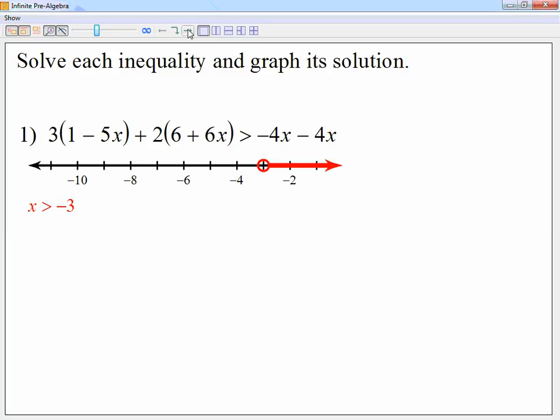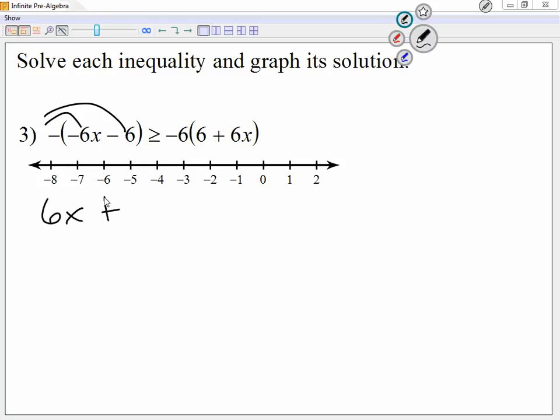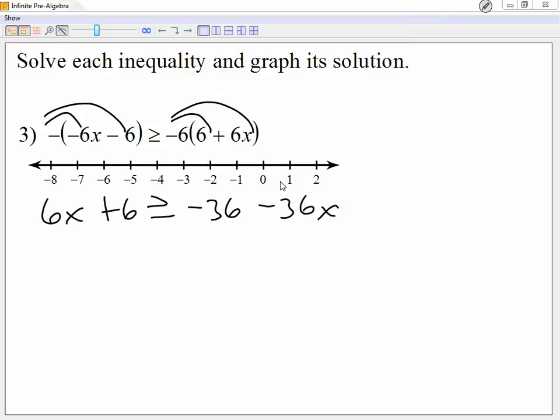Okay, so now let's take a look at number 3. Get rid of parentheses, so multiply the negative 1 to the inside. So we have 6x plus 6. On the second one, let me multiply the negative 6 to the inside. So I have negative 36 minus 36x. Right, so letters on the left side.